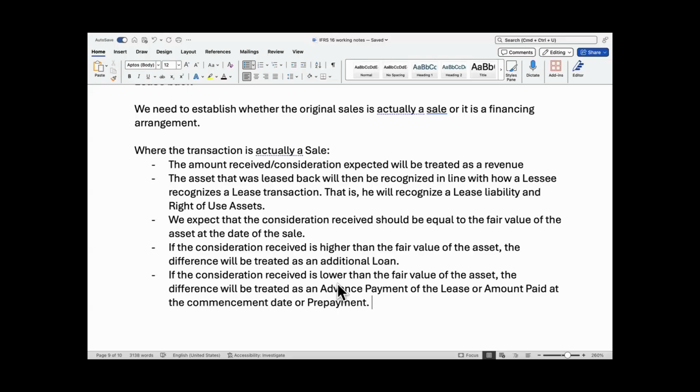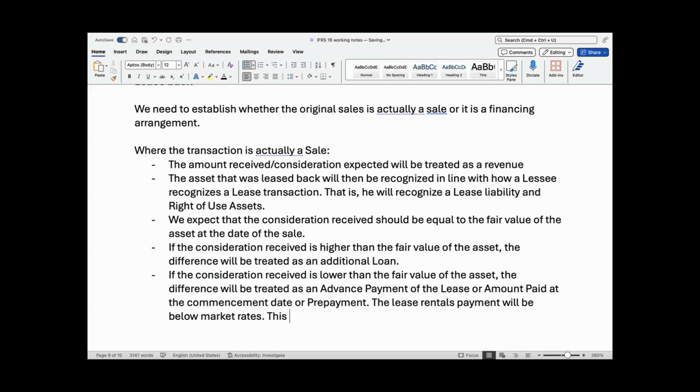So for us, we believe that for you to have received lower, that means you have already paid part of the lease rentals, in such a way that the subsequent lease rental payments will be below market rates. So that means they will not help you reduce the lease rental that you want to pay later, just because you have accepted to receive a lower amount.